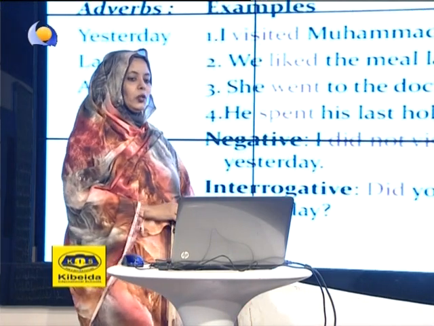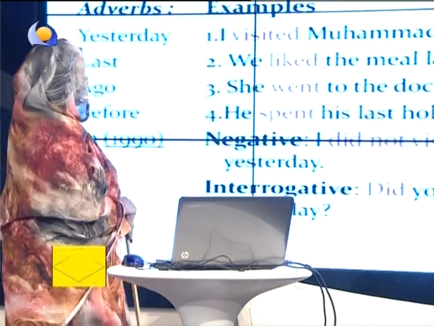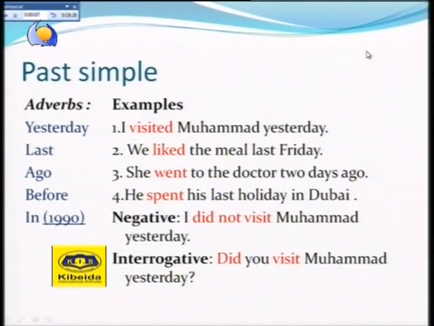Past simple tense. We use it to express something that happened in a past time, like something that happened yesterday or last week, last year, last month, and so on. We use it with the adverb ago, like when you talk about something that happened 2 days ago, 2 minutes ago, or 2 years ago.